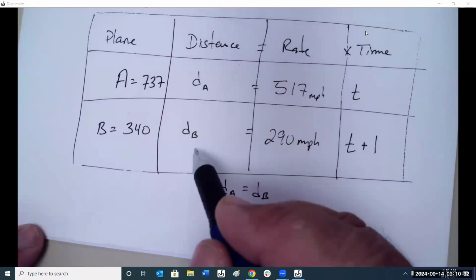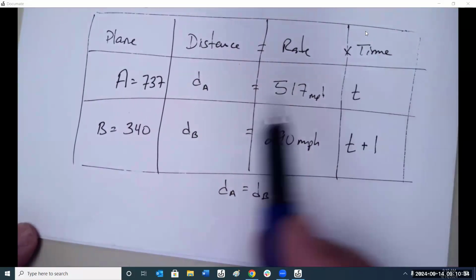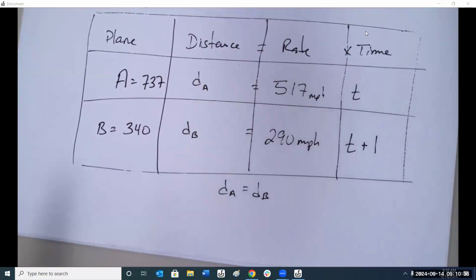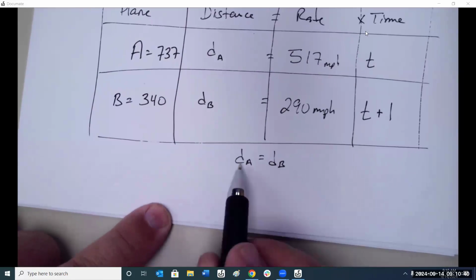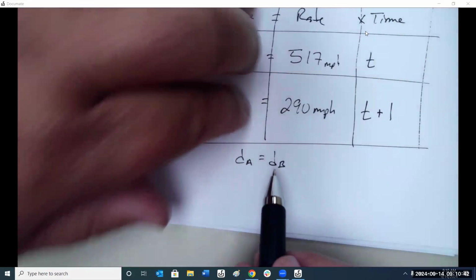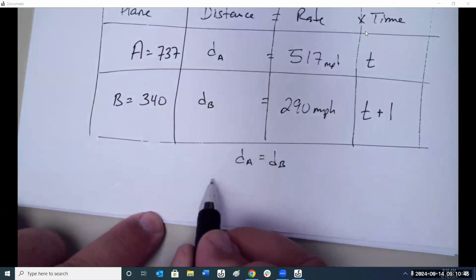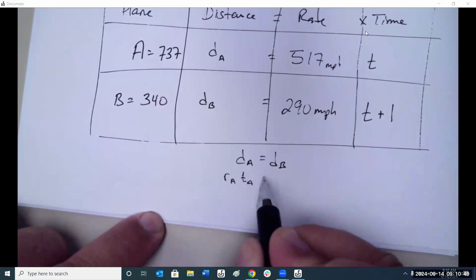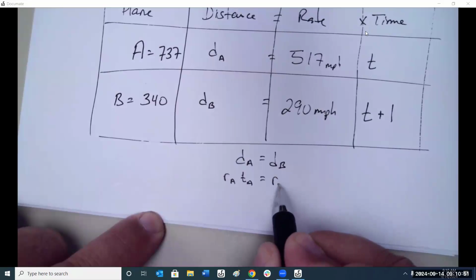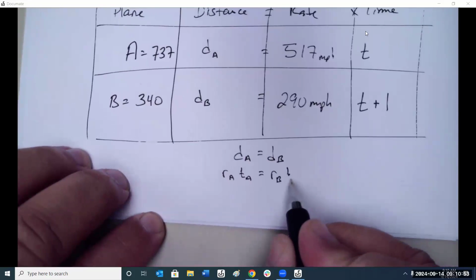So the distances are the same. The times are going to be different because they travel at different speeds. So since the distances are the same, that's not even part of the contention. This is rate of the first one times its time, rate of the second one times its time.